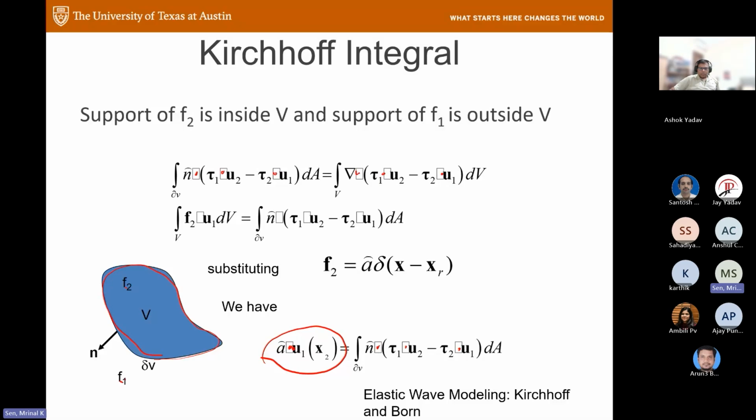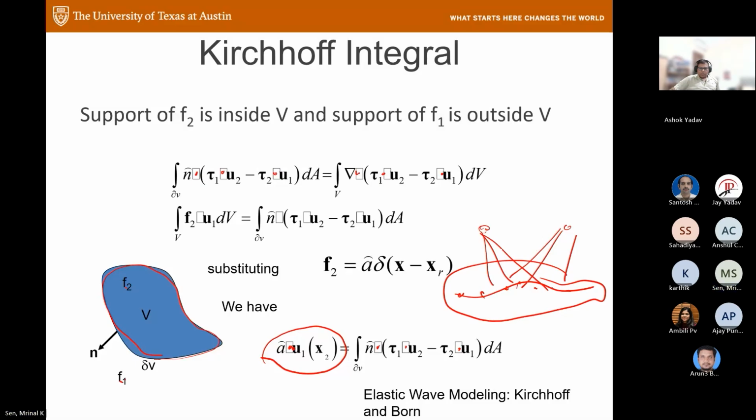Okay. So what it means is that if you want to compute the response from source to the receiver, if you know the field from source onto this and the field from receiver onto this, integration along this line will give you this. Okay.